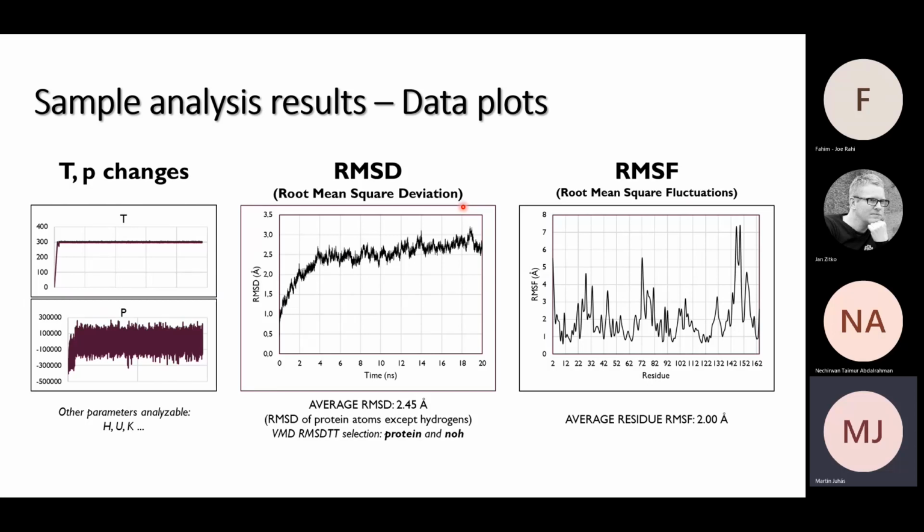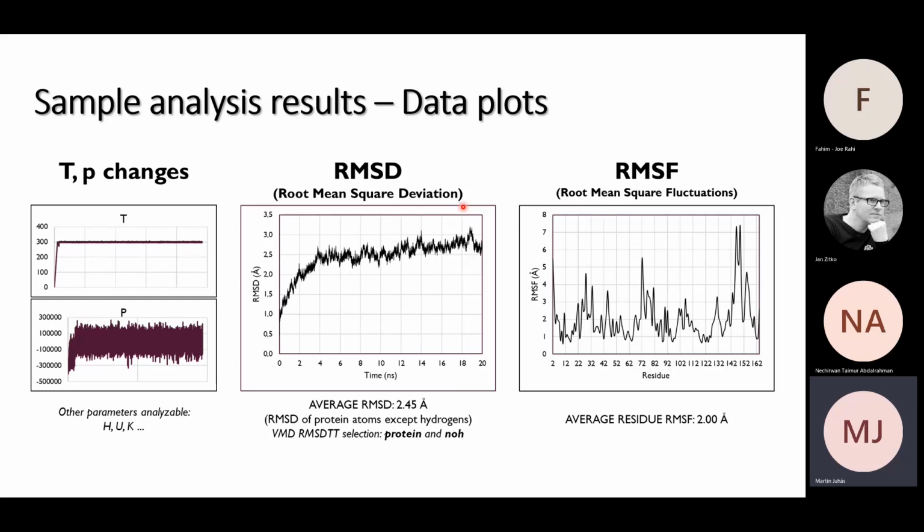It's always good to run the simulations long enough, because if you are trying to see, for example, a conformational change like an opening or closing of a loop, and you know that it takes a few nanoseconds until it opens, then you should wait for it to close again, and then to open again, and then to close again, because from this you can get some kind of statistics about opening and about energies necessary and stuff like that that you will calculate later on.